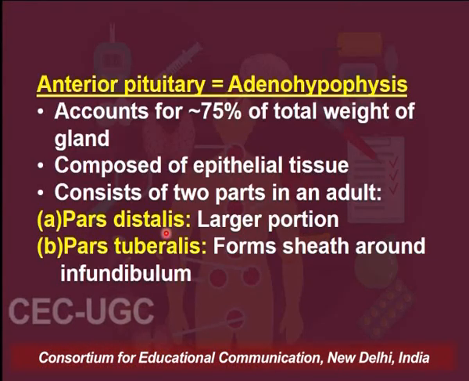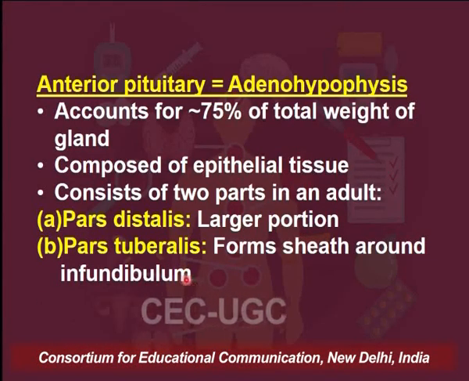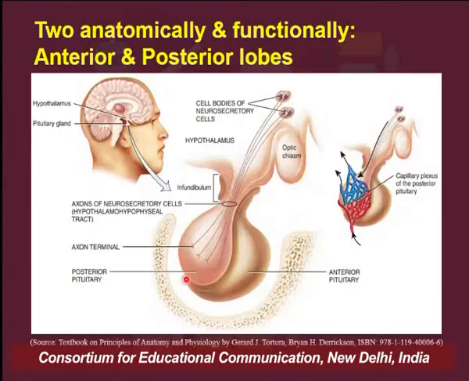The larger portion is called the pars distalis because of its location. Distal means behind. And then there is a tubular structure called the pars tuberalis, which forms the sheath around the infundibulum. You can have a look at this figure once again. So this is the anterior pituitary, and this lobe-like structure is the pars distalis because of its position, and this brownish color region is called the pars tuberalis.